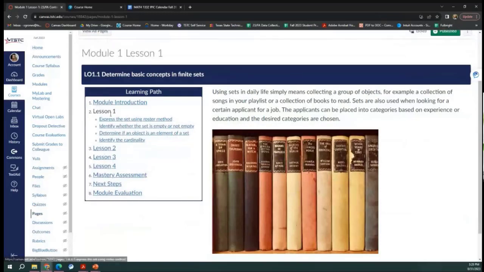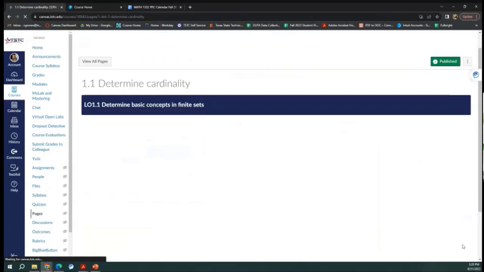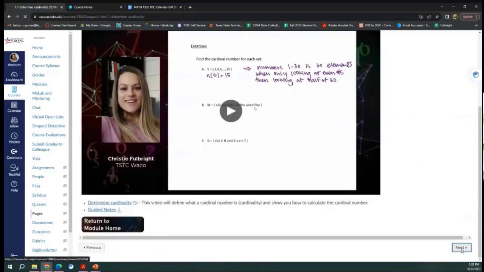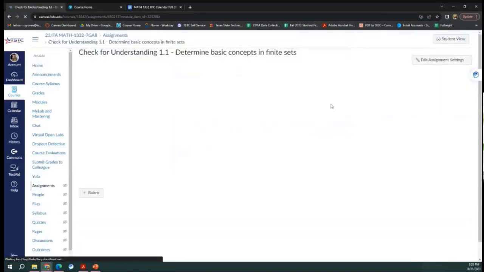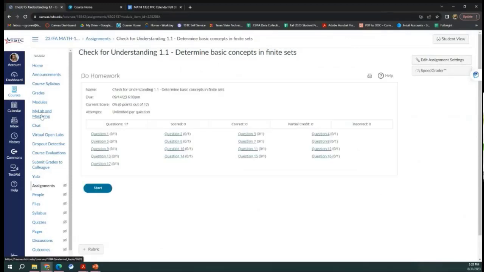So you can either get to the homework going through here, and then you'd have to go to the next page, and you can find the homework here. Or you can actually click on My Lab and Mastering, and it'll take you to all of the assignments, not just this one.